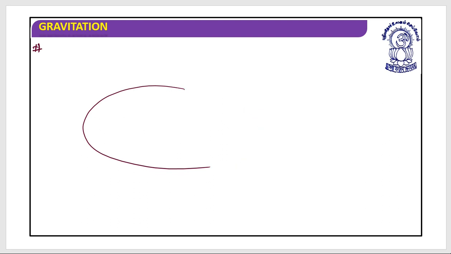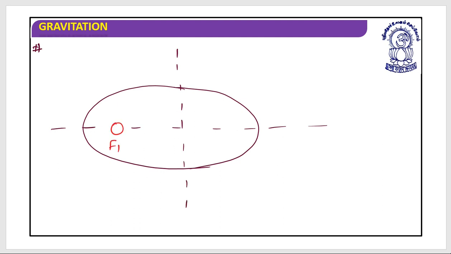This is the ellipse. This is the semi major axis and this is the minor axis. This would be one of the foci that we call F1. This would be the other focus that we call F2.